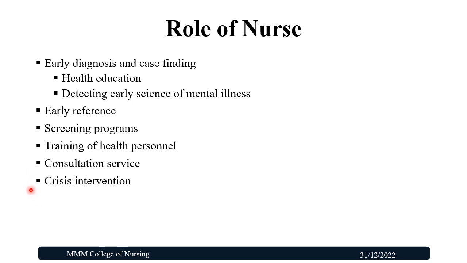Then crisis intervention by providing correct cognitive perception about that situation, like assessment of the situation and defining the event to identify the predisposing event and develop a plan of action for the individual.